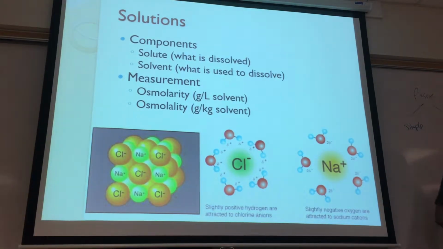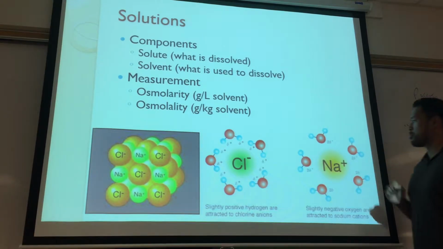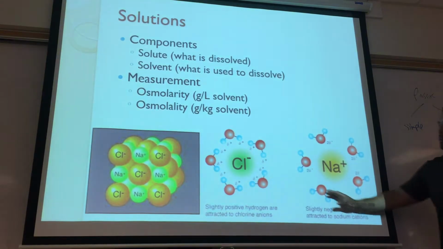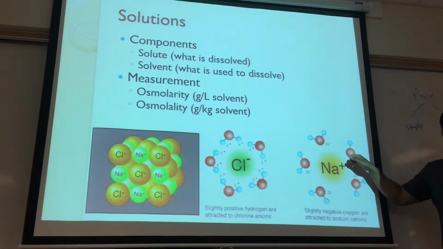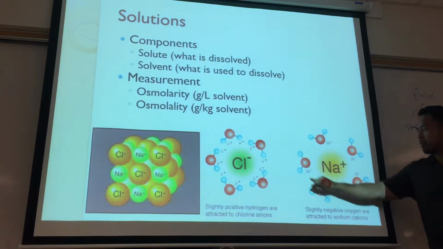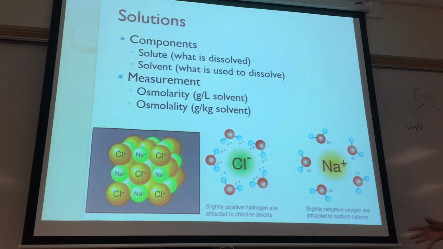Conversely, sodium is going to get split up and dissolved, and that ionic bond is going to break because it's surrounded by water molecules, where the electronegative oxygen atoms of the water molecules will surround that sodium ion. And then we get it dissolved.